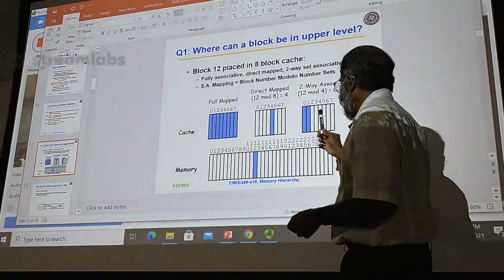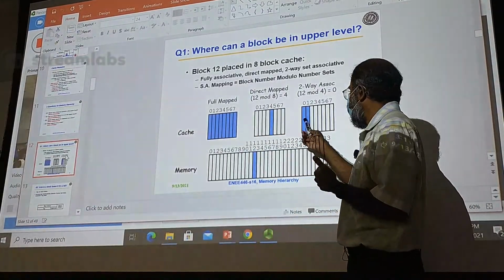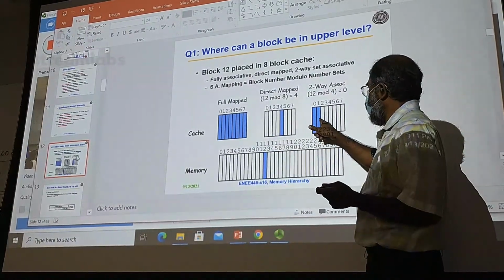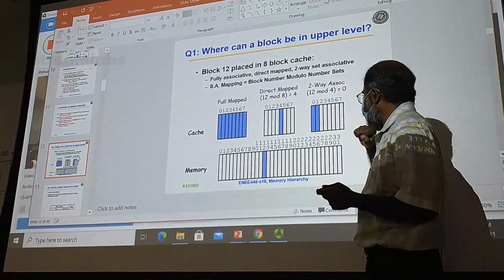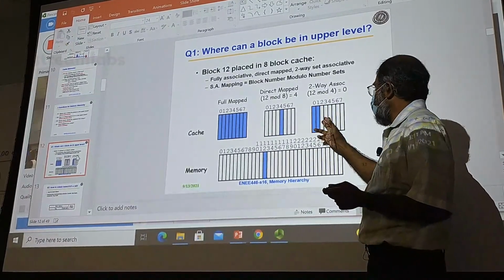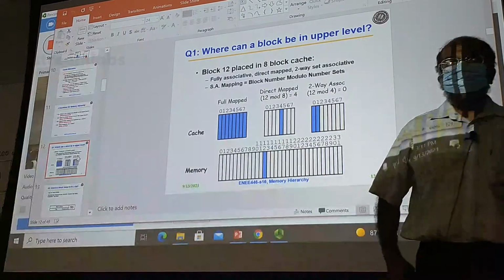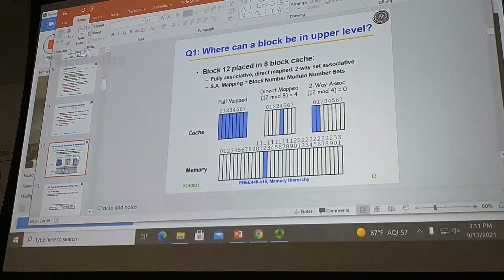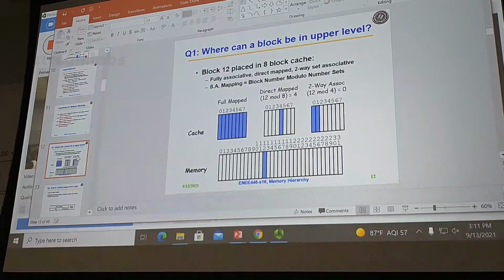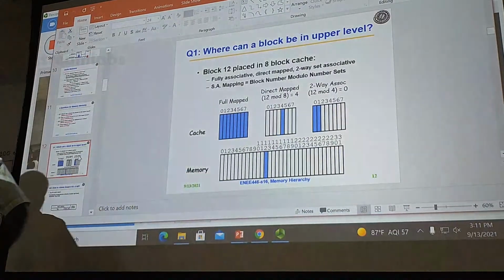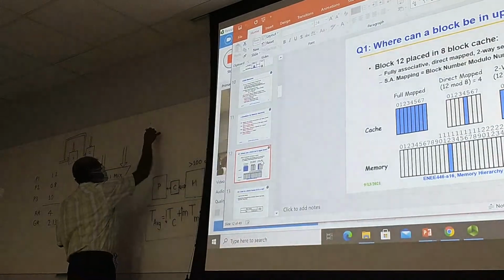Whereas when there is more associativity like here, you have a choice. Let's say both are full and you're bringing in now 28. Which one should you replace? So there are different algorithms. Probably the one that gives the best performance in general is what's called the LRU, least recently used.